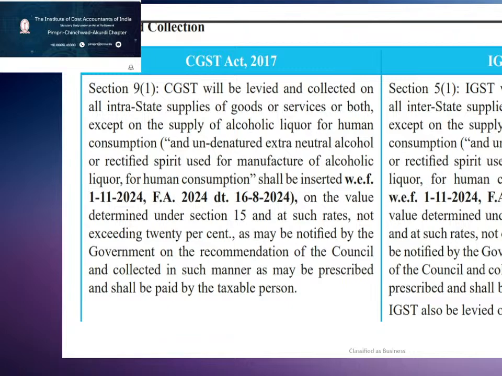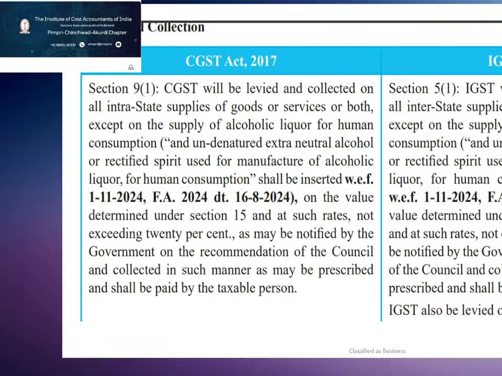So what is the first service? Supply of service in respect of transportation of goods by road. So if there is a transportation of goods by road, then we have to see who is the supplier.